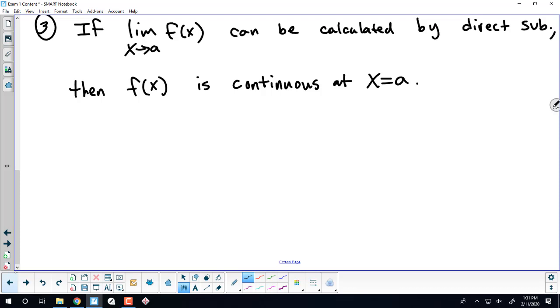What do y'all think? I'm not gonna let the same three people answer. Somebody else has to be vulnerable. True. Okay, what are you thinking? You can't directly substitute in something that's being divided by 0 or that equals infinity.